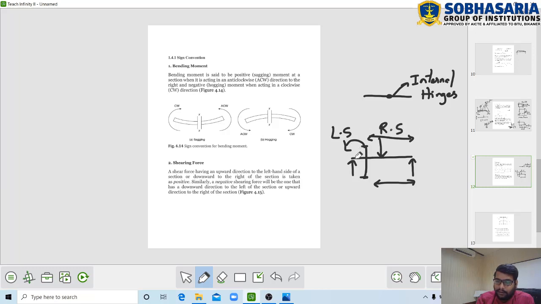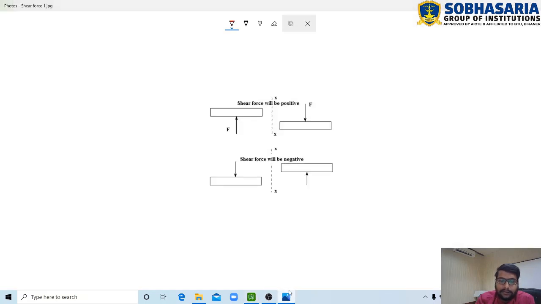So, when on the left side of the section, if the reaction is acting upwards, then it will be taken as a positive shear force.